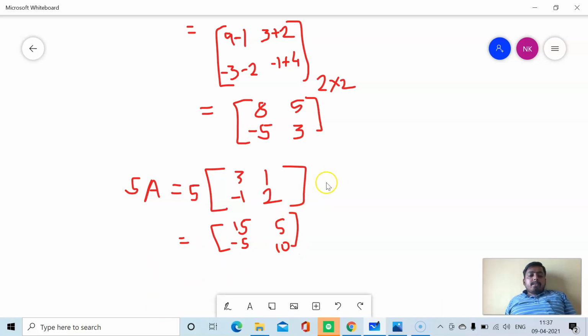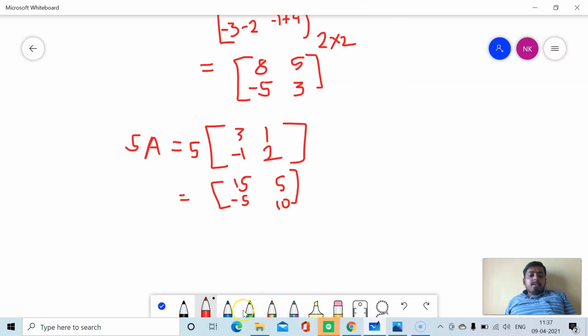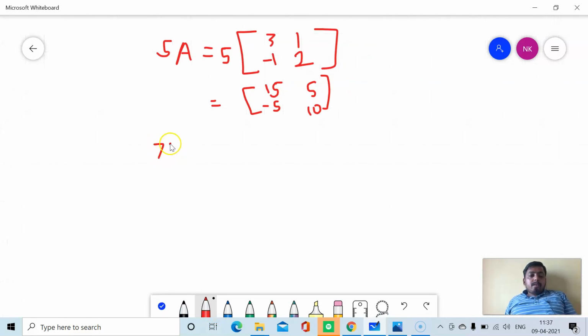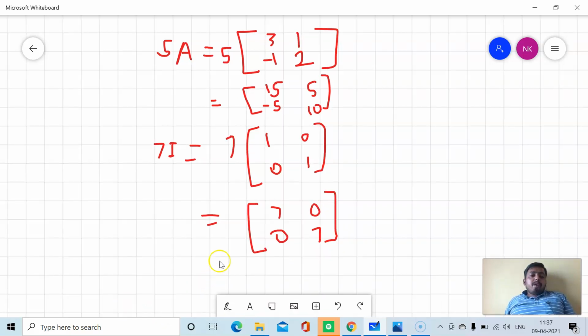Next term is 7I. So 7 into I, the unit matrix, which is written as 1, 0, 0, 1. So it comes as 7, 0, 0, 7. So these three terms we have found out.